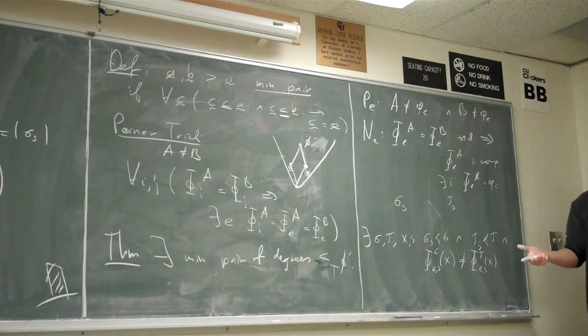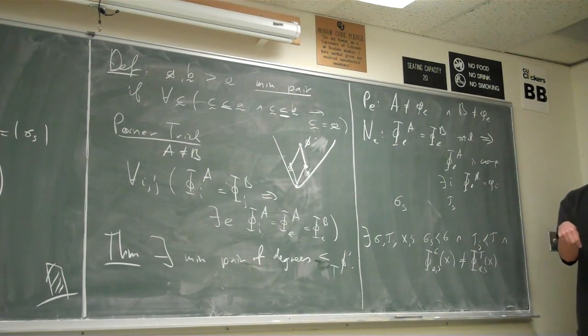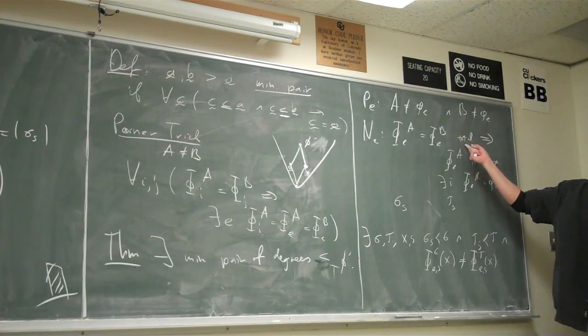So then the only difficulty is, what if zero jump tells me there are no such sigma and tau? Well, if there are no such sigma and tau, one of two things can happen. Either there is a location for which phi e under no choice of oracle converges, in which case we win because it's not total.